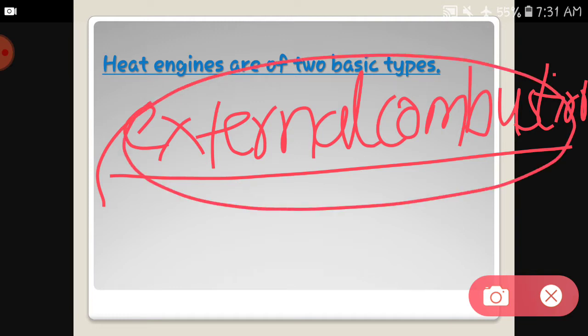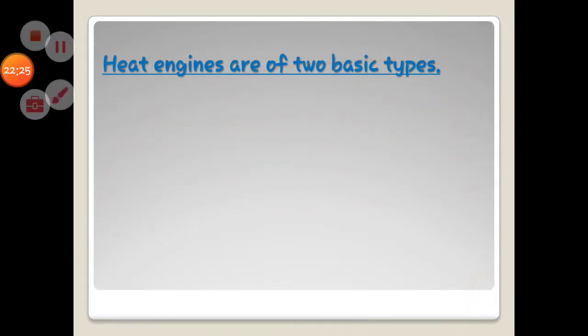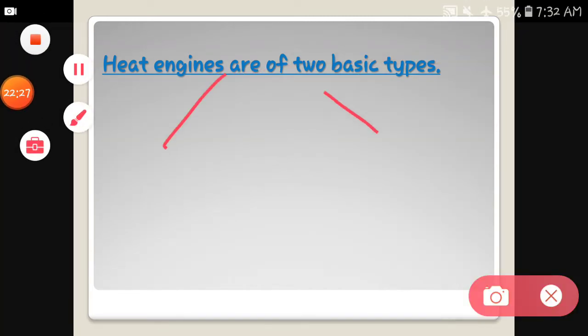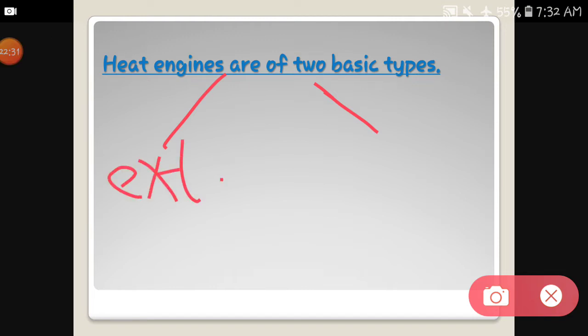So this is one kind of heat engine. And when the working substance is heated internally, then it will be known as internal combustion engine. Okay, so these are the two types. The first one is external combustion and the second one is internal combustion.